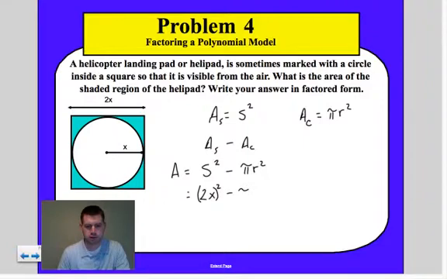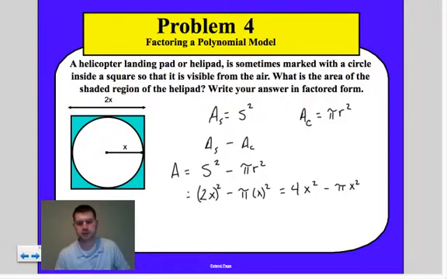And then I'm going to put pi r, which is x, I'm going to put x squared. And as I simplify this, 2x times 2x is 4x squared. And then I have pi x squared. So really the circle kind of is the same thing, just replace it with an x. So right there is kind of the work we have.